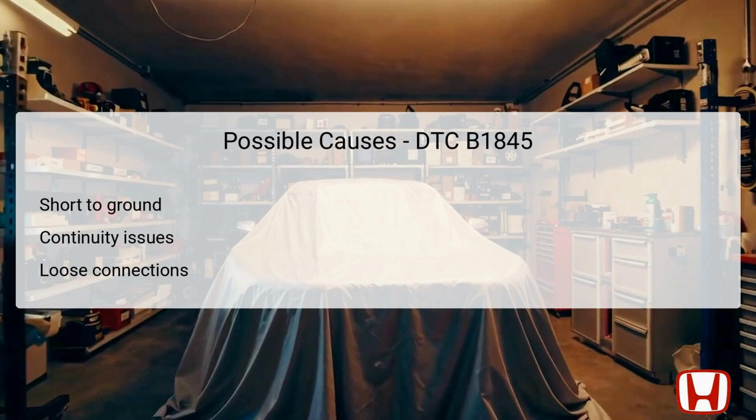Furthermore, loose or poor connections can create intermittent issues where the power recline function might work inconsistently or fail altogether. Identifying these causes early on is vital to guide the troubleshooting process effectively. Each of these factors requires careful inspection to ensure that the system can properly respond to the commands sent by the switch.